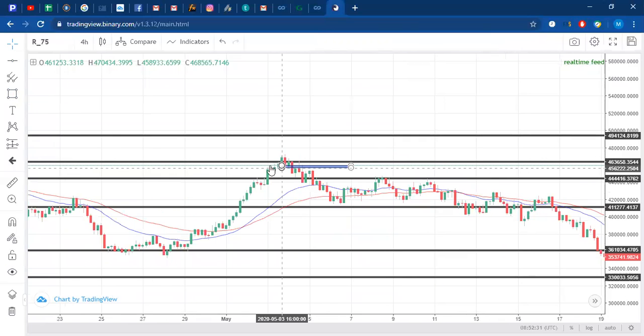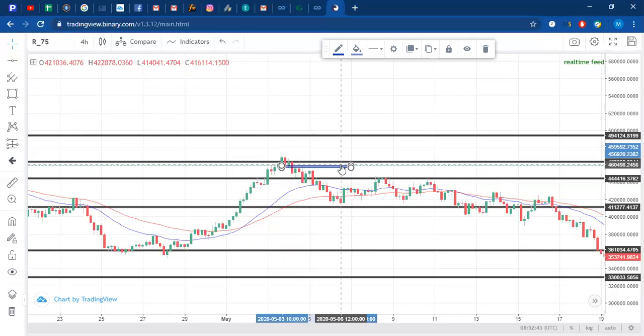You can see it to the left here. It formed a resistance, broke out, tested that support, broke below, retested not just this line but also the resistance level, and boom, that would have been a good trade, and I would have taken my profit at this next level right here.